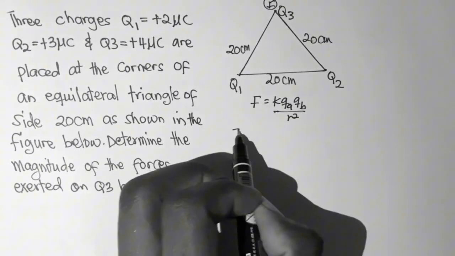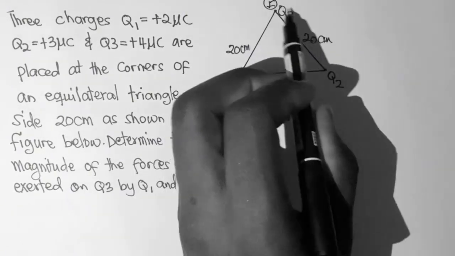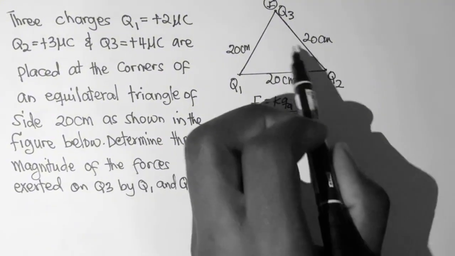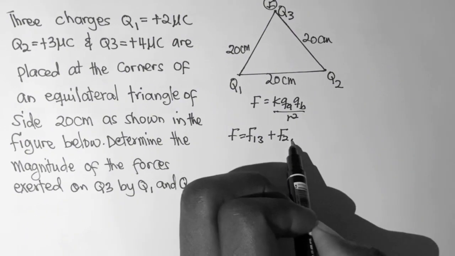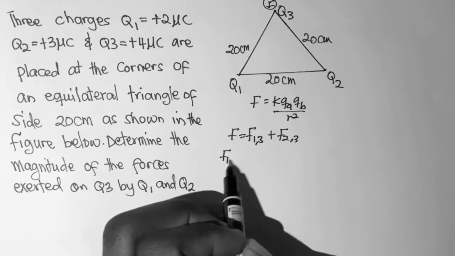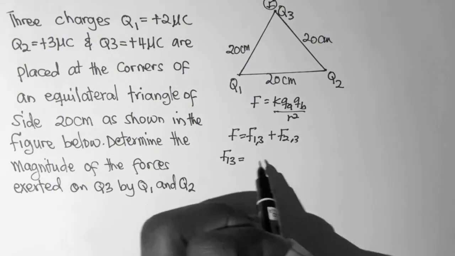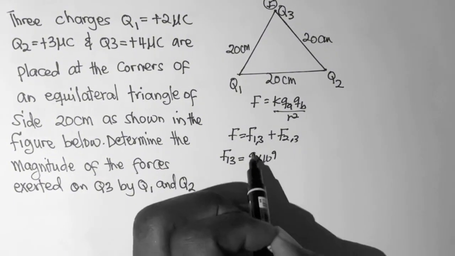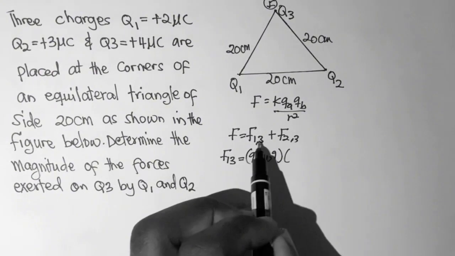So now F is equal to the force exerted on Q3 by Q1, so it's F13, plus the force exerted on Q3 by Q2, which is F23. Now let's first find F13. It's equal to, now the K is 9 times 10 exponent 9, times the first charge.